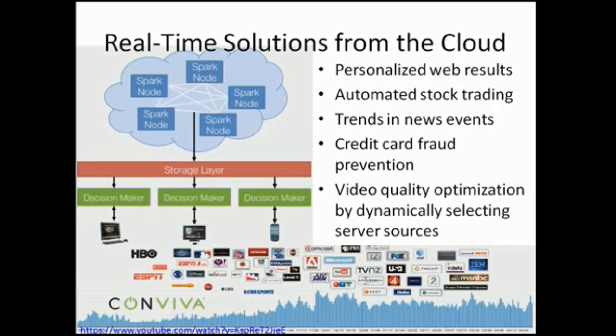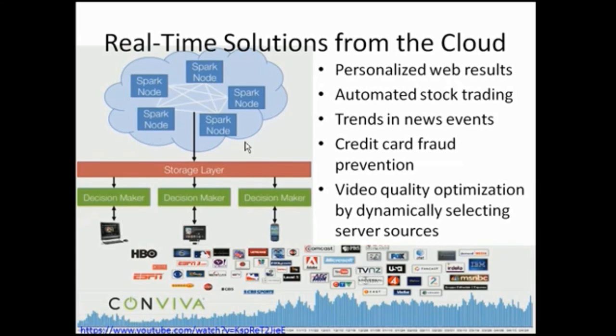And what this does is, with the Spark nodes, each device that you stream the video on is a decision maker, and the decision is in the code where it decides which server you want to stream your video from. So this really eliminates or mitigates streaming time, the buffer time needed. So that's an example with data streaming.